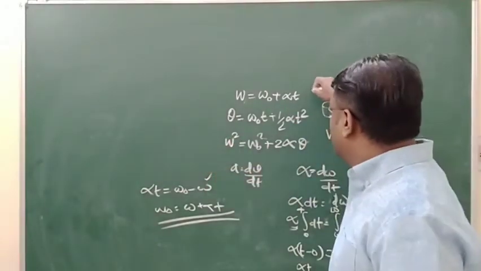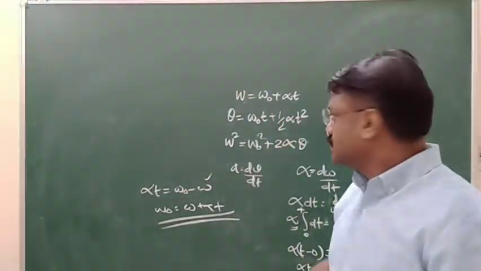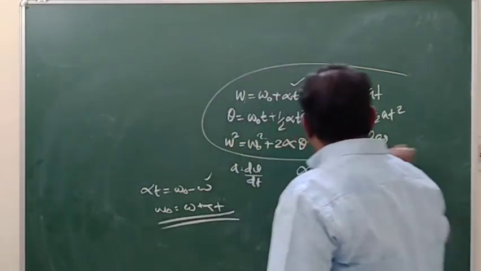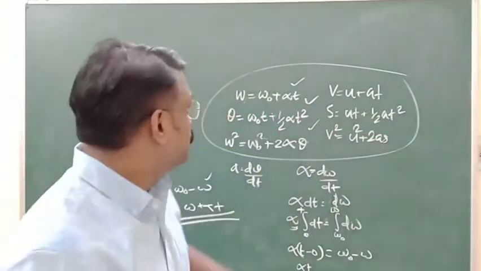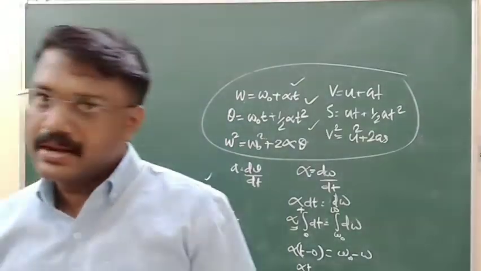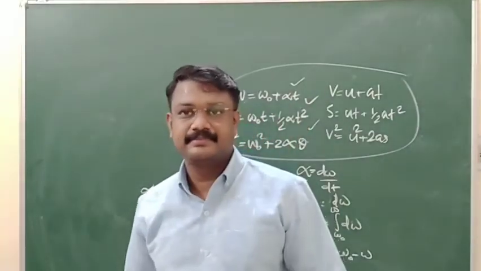Similarly, you can use the same method, but the notations you have to change. Already you have written those equations, so you just refer to the derived equations and put the corresponding angular values there to find out the angular aspect of equations of motion.